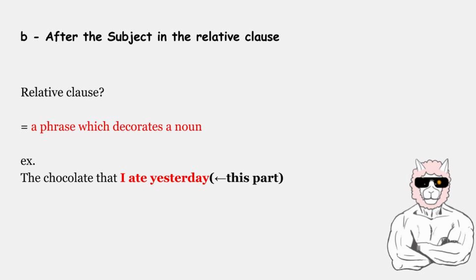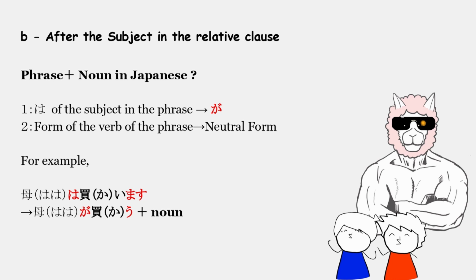In Japanese, do you remember how to do it? To make a relative clause in Japanese, we need to do 2 things. Firstly, wa at the position of the subject must become ga. Secondly, the form of the verb must be neutral.